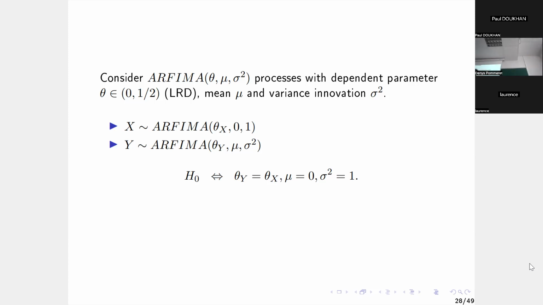When it is close to 0, it is close to the short-range dependence. When it is close to 1/2, it is close to the non-stationary case. Sorry, yes, you're right: 0 is close to short range, and 1/2 is the non-stationary case.